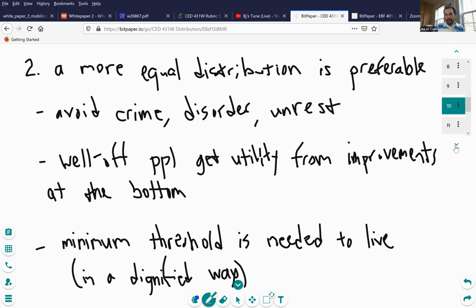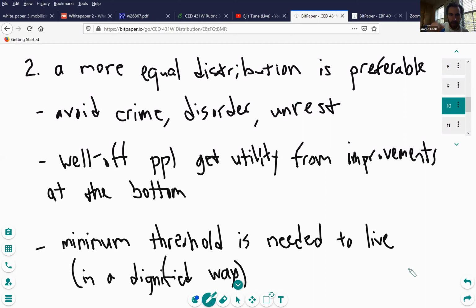Now, independent of that reason, we mentioned last class a second reason, which is actually separate. Even though it sounds a little bit similar, it's a little bit distinct. The second reason is that, from a social perspective, a more equal distribution of wealth in the society is preferable to a less equal distribution of wealth.